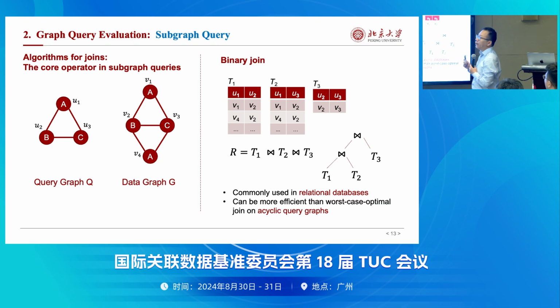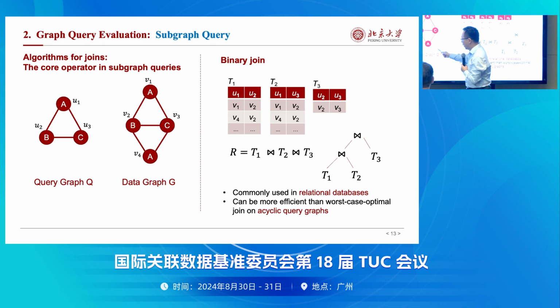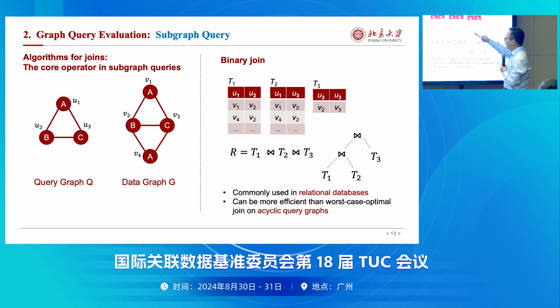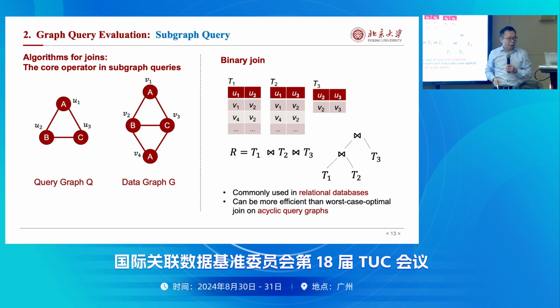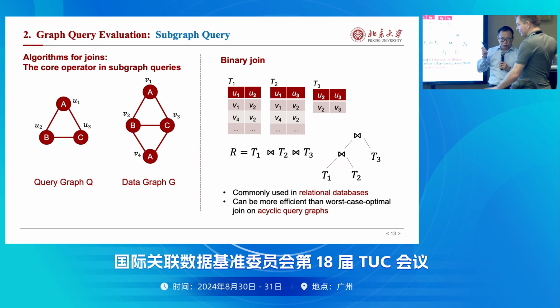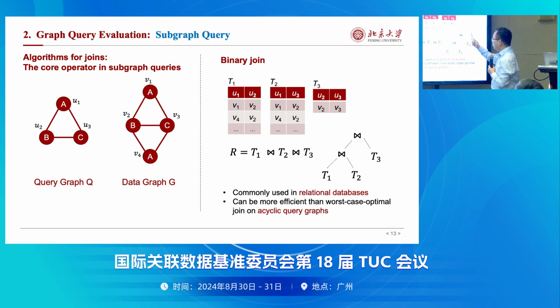One is based on the binary join. Simply speaking, given this triangle-shaped query and the data graph here, we first find, for each query edge, the matching tables T1, T2, T3 logically, and then we do the binary join over these three tables, T1 join T2 join T3.